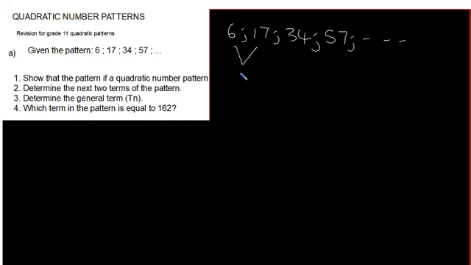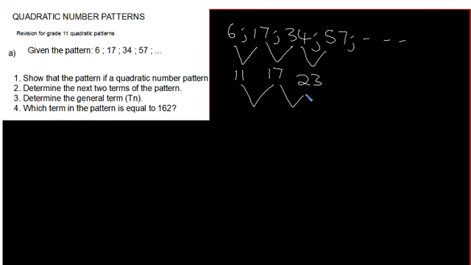Term 2 minus term 1 is 11, term 3 minus term 2 is 17, and term 4 minus term 3, 57 minus 34, is 23. This is the first line of difference.